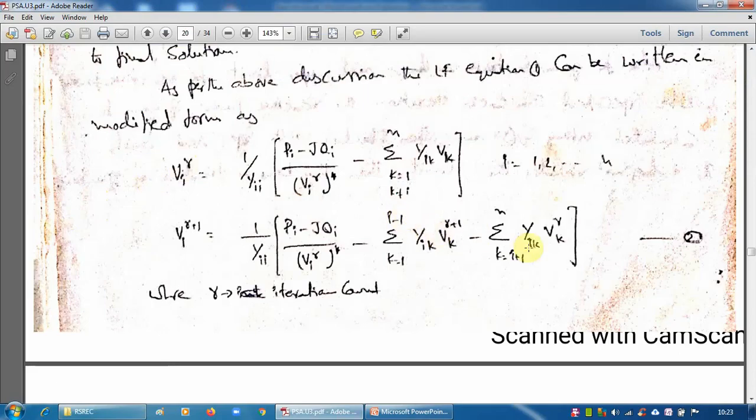You also observe here, after I minus 1, not I here in the summation, ith term is not there, we jump to I plus 1. Why? Ith term is taken out in the previous expression. In this expression it's a previous discussion. Ith term is here, so ith term is taken out. That is the reason why after I minus 1, not I, we are going to I plus 1 only.